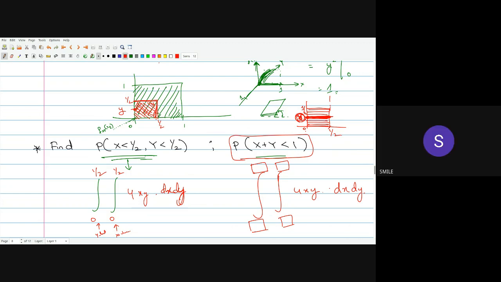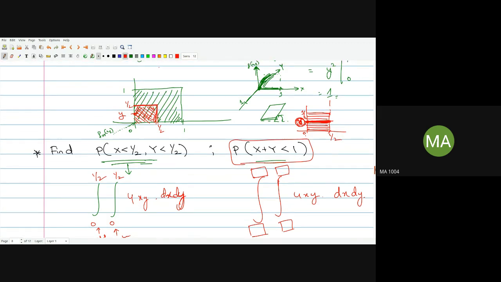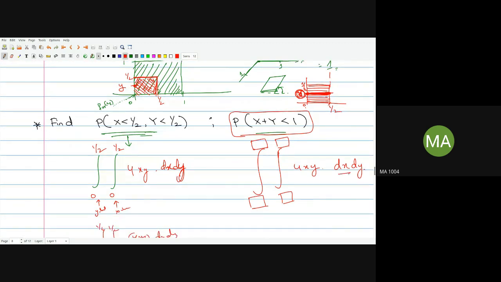So the limits of the inner integral are 0 to 1 minus x. Okay, I kept dx inside, so it is 0 to 1 minus y.